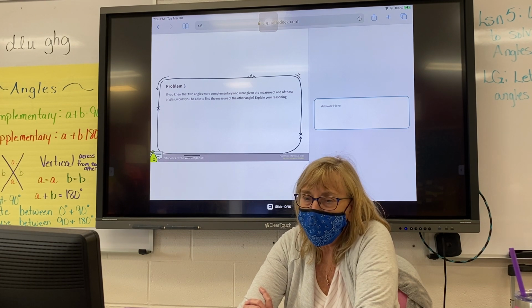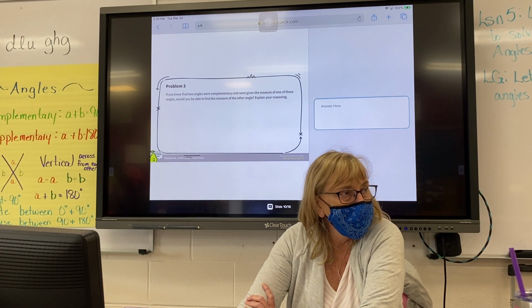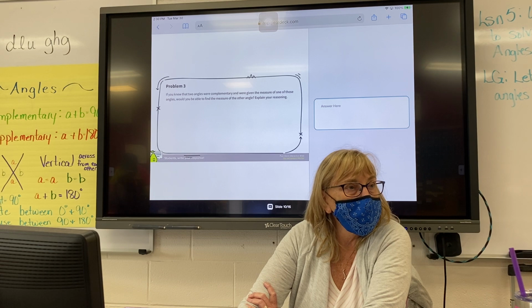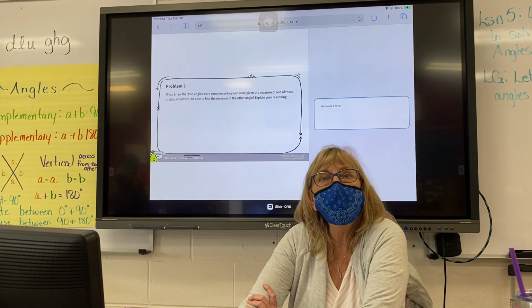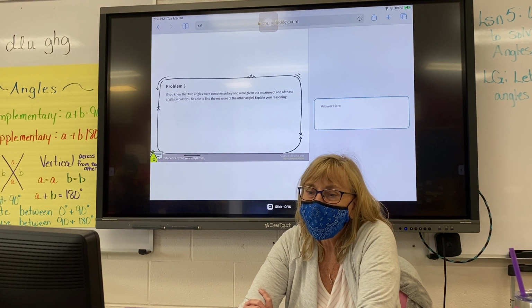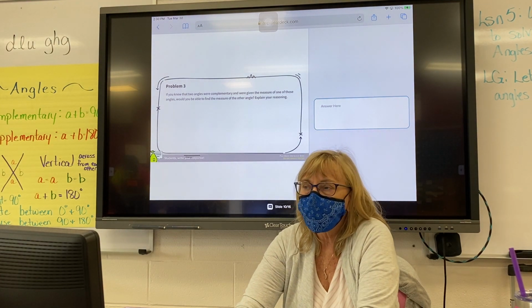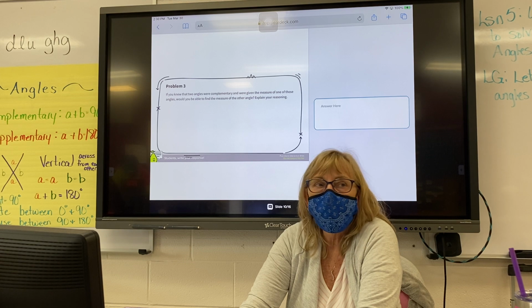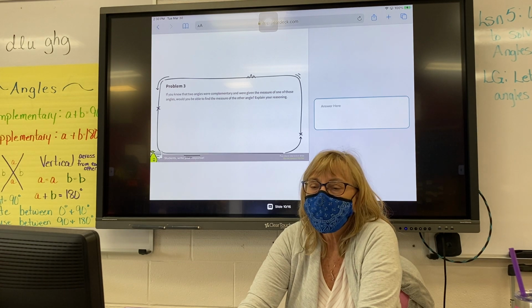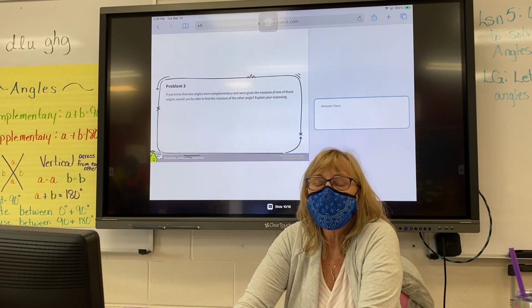So you could say A plus B equals 90, so therefore 90 minus A is going to equal B. Good. What if they were supplementary? How could you find that? A plus B equals 180, so 180 minus A equals B.